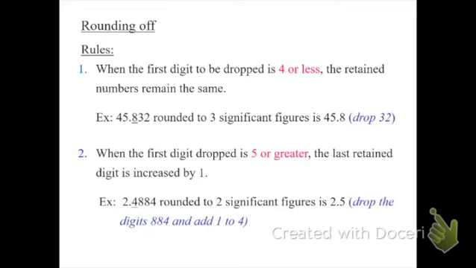So before we round, how many significant figures are in our original number? There are 5, right? So we want to retain 3. So we're going to count the 3. So we have 1, 2, 3. That means we're going to have to stop there. Everything else has to drop. Now you look at the very first digit that is going to drop.